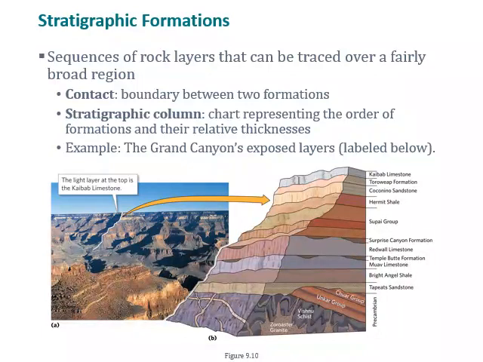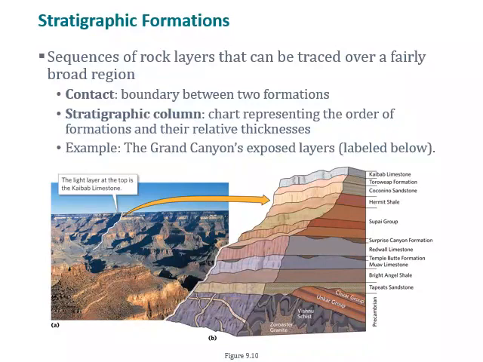So our example below is the Grand Canyon's exposed layers in a stratigraphic column. Often these stratigraphic columns have absolute ages associated with them in addition to relative ages indicated by their order in the diagram.